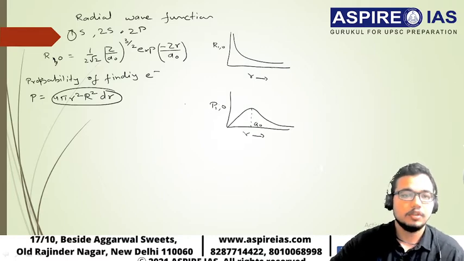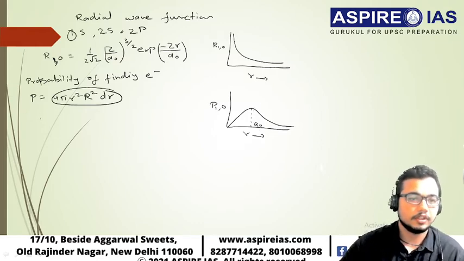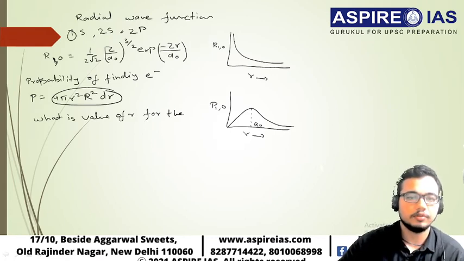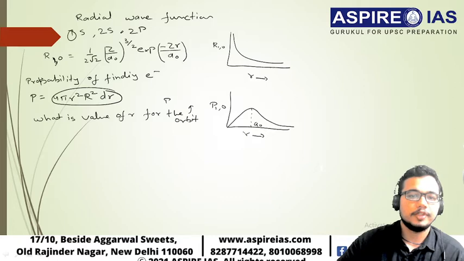So from this we can plot the probability, and we can get the probability of finding the electron at a particular place. Now suppose they ask what is the value of r for the orbit, that means how far the orbit is present. The orbit is the place where probability is maximum.